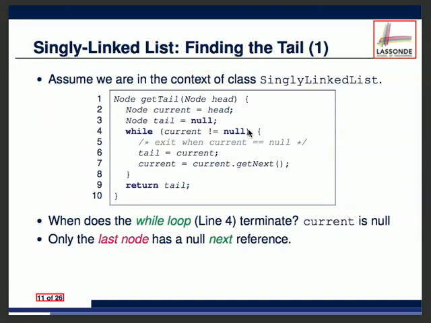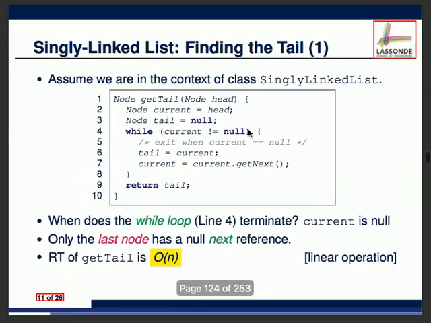If you have a list of size 1,000,000, how many iterations would it take for you to get to the null reference as the next? 1,000,000 times, right? So that means it's linear within some constant factor. So that's the linear operation, okay? On the other hand, if you want to get to the last element of an array, what will be the time complexity? Constant. How would you do it though?